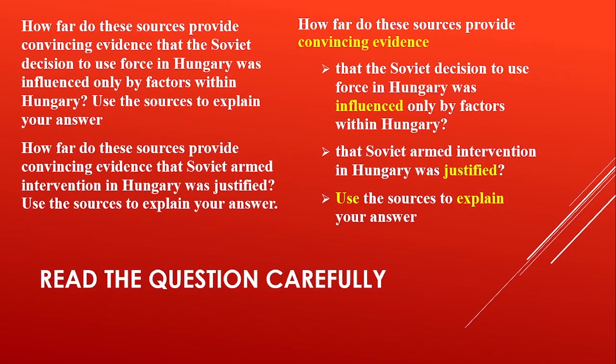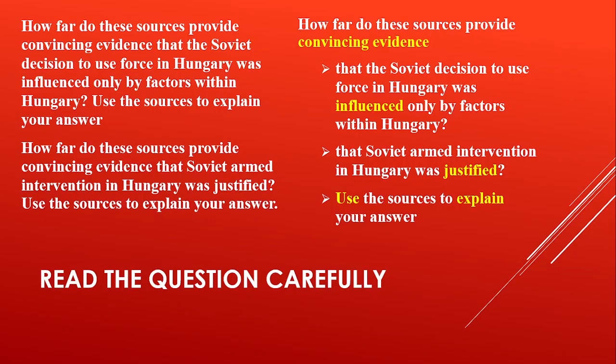But there's more to make sure you are clear about. Do the sources provide convincing evidence or not? This will include what the sources tell us, of course, but also whether the sources are trustworthy. So we're back on familiar territory. The author, the message, the purpose, and the audience of the sources.